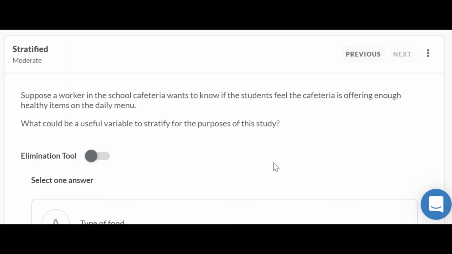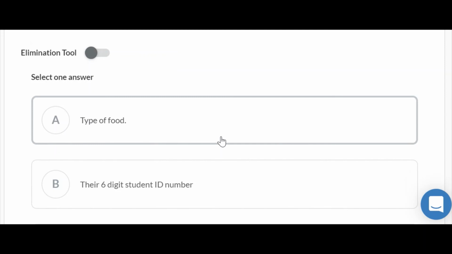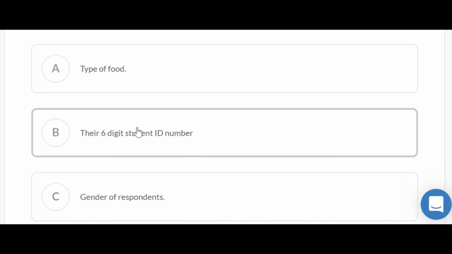Remember, on a problem like this, if you're asked to stratify, let's see here. Suppose a worker wants to know how they feel about healthy foods. What would be useful to stratify? That means you want to group individuals because they're the same, and we're interested in knowing how people feel. So stratifying by food makes no sense.